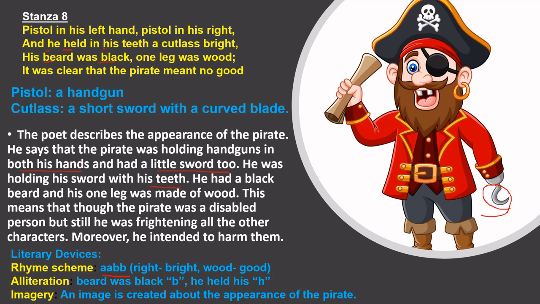So this literary device is known as alliteration. Then imagery: an image is created about the appearance of the pirate. By this description, you come to know how the pirate looked. The appearance of the pirate is described, so this is known as imagery.